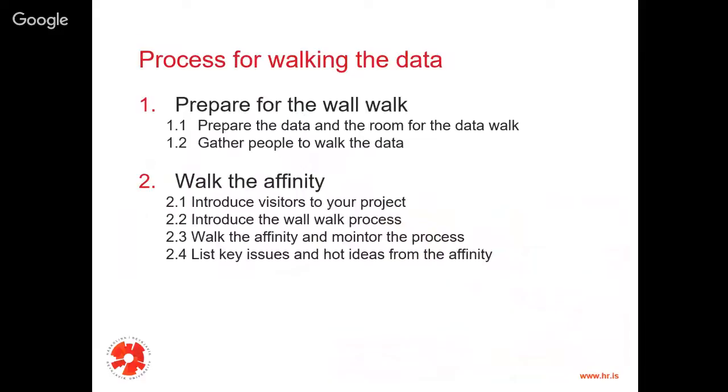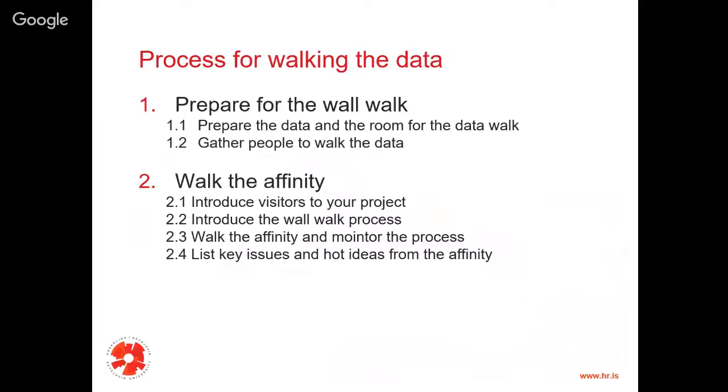So what do you have to do to be able to walk the wall? You first have to prepare the data in the room, and then gather the people. And when you're walking the wall, you first introduce the affinity diagram to the visitors and the project. What are you going to design? And you have to do that for the group that is visiting you for the group assignment next week.